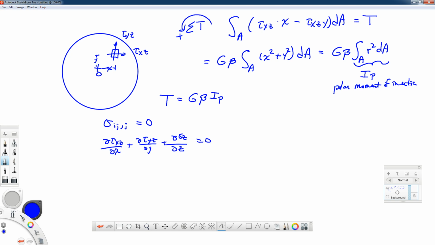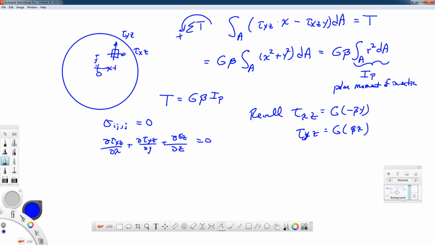Let's go ahead and write those down so we have them handy. Tau xz is equal to G times minus beta y, and tau yz is equal to G times beta x.